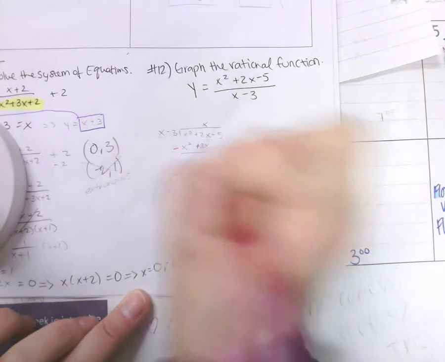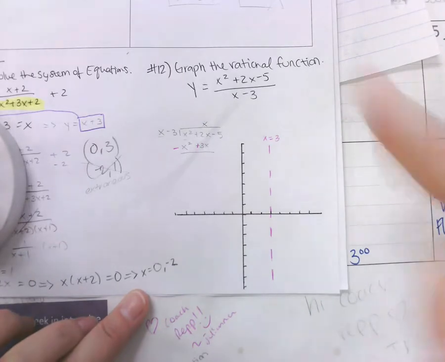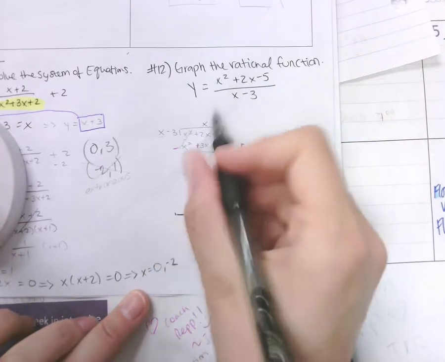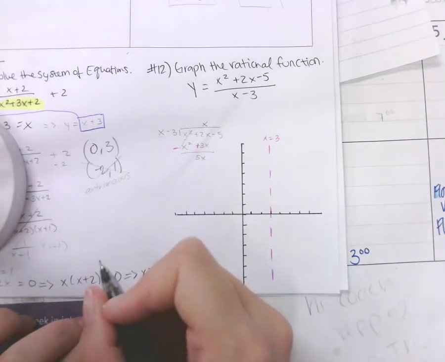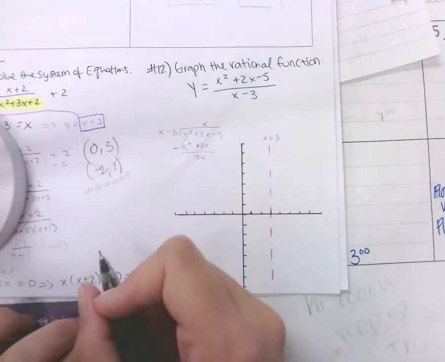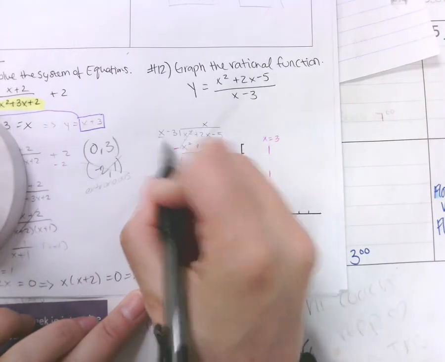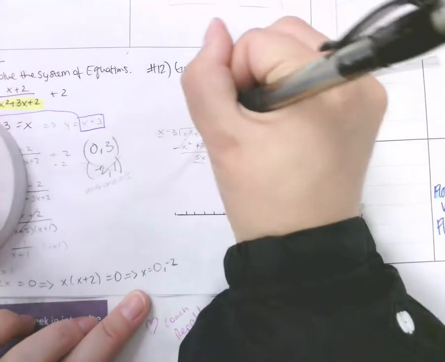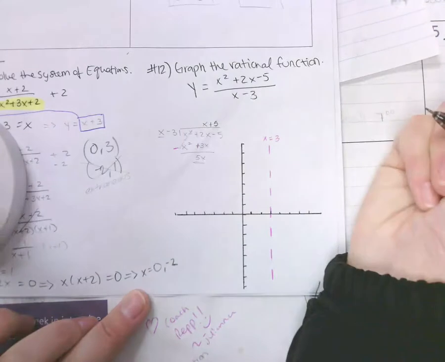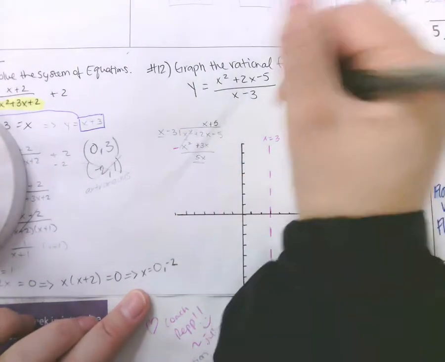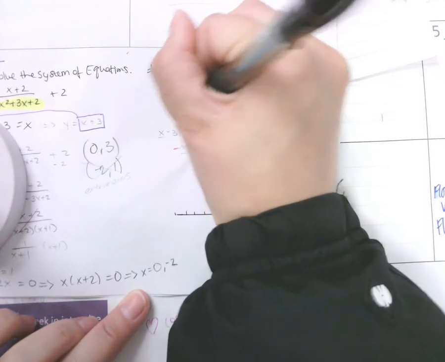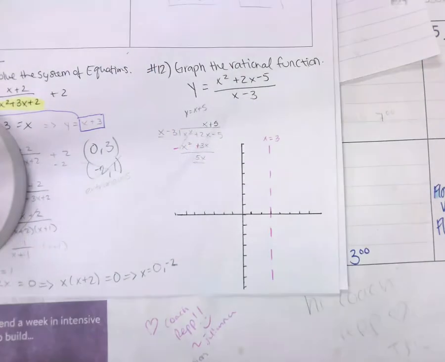When you subtract a negative, you're really adding. These should cancel, and I get 2x plus 3x is 5x. Then what do you multiply x by to get 5x? 5. So plus 5. Now we can stop. We don't care about the remainder. Whatever you get up here, that's your slant asymptote. So y equals x plus 5 is the slant asymptote.